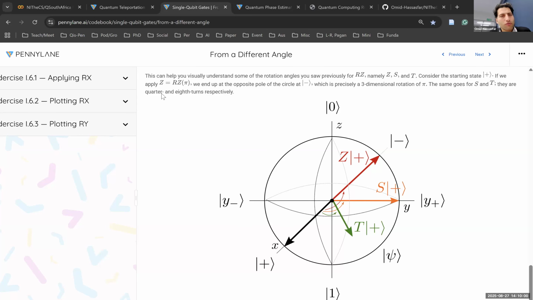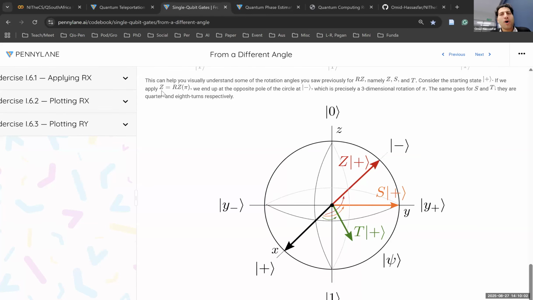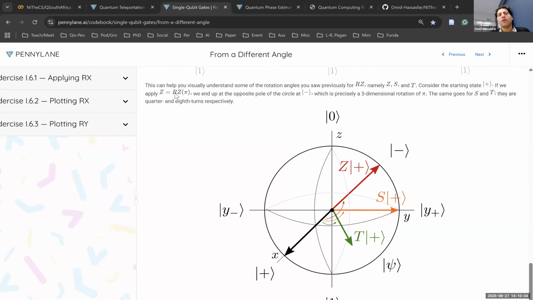But now we want to see the effect of Pauli Z, or we can show that Pauli Z is exactly equivalent to a rotation around the z-axis if you consider pi as the parameter. So a 180 degree rotation around the z-axis means exactly Pauli Z.